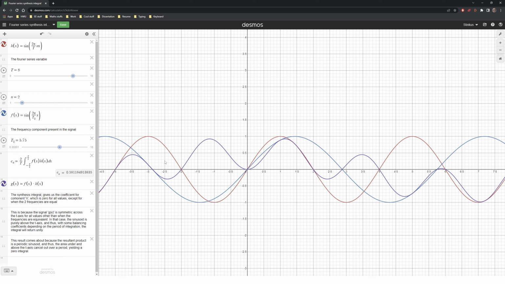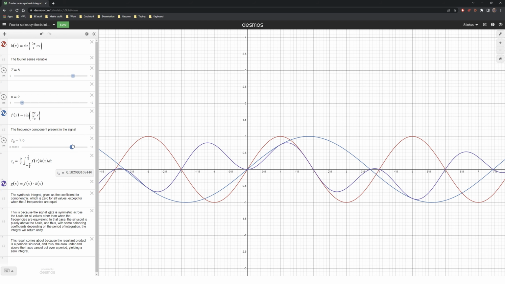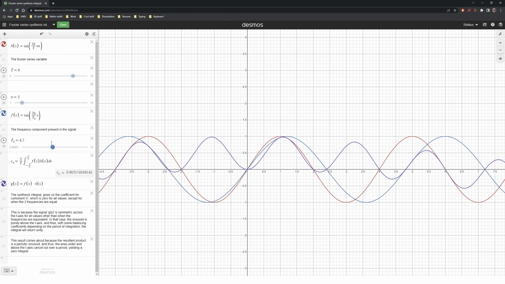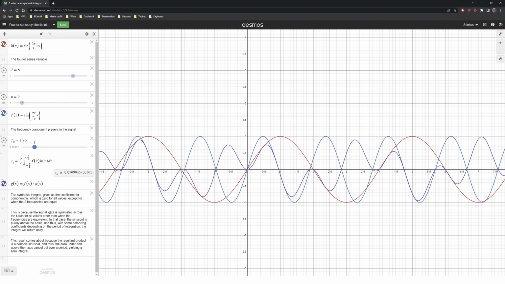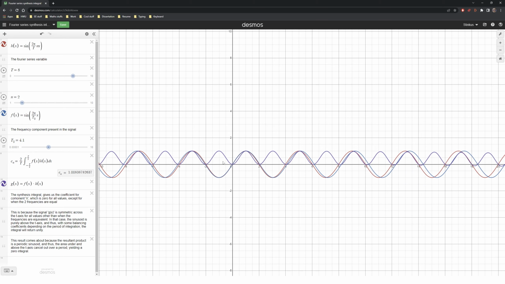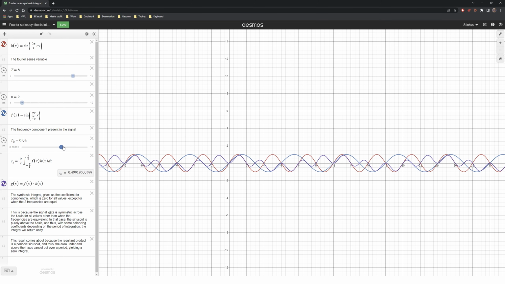Here in purple, I have the product of both the red and the blue sinusoids. And you will see as I change T, it changes shape quite drastically, right? But notice that it is still periodic, right? It is still a sinusoid.